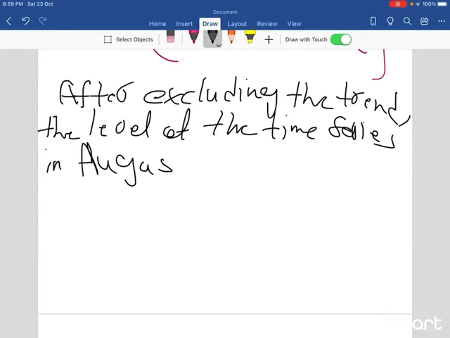Why do we write it as August here? Because it is M8.